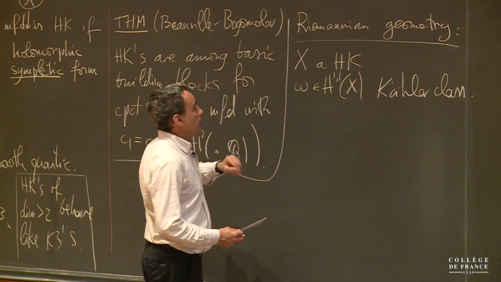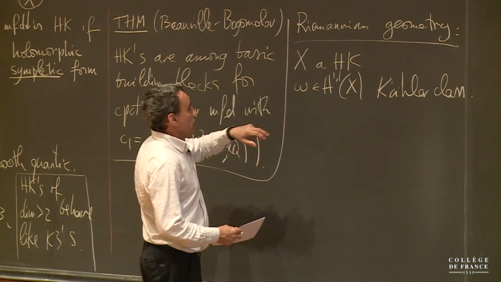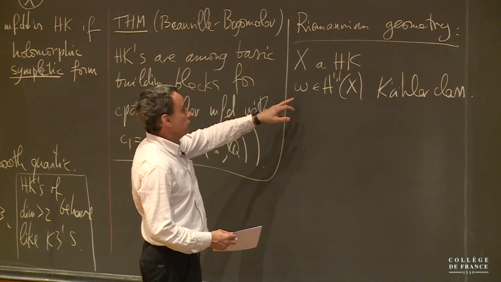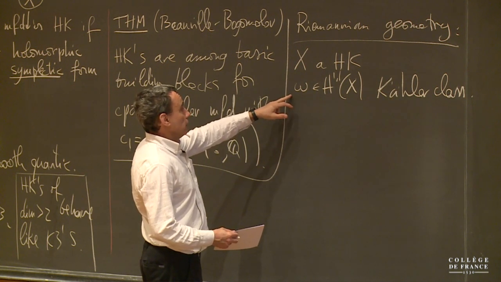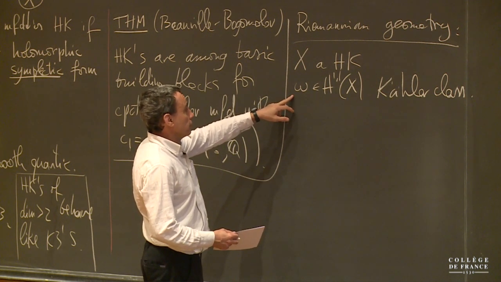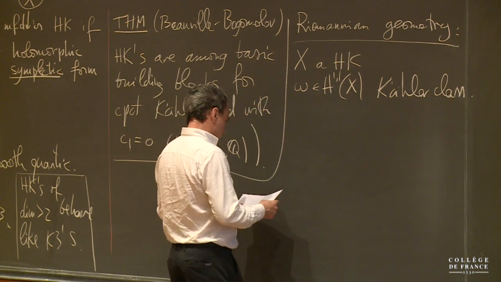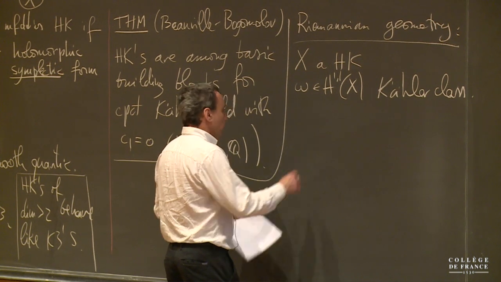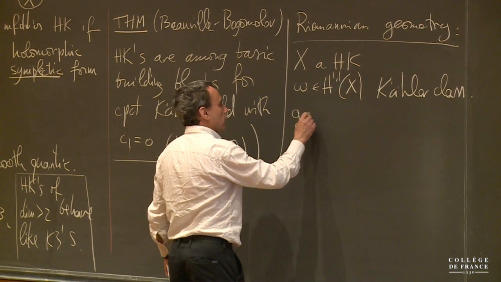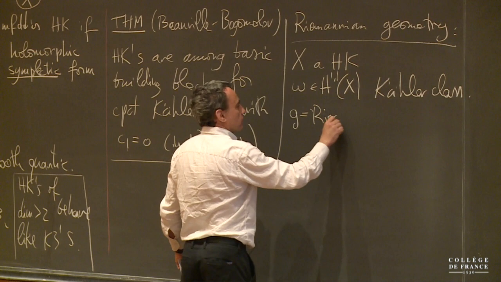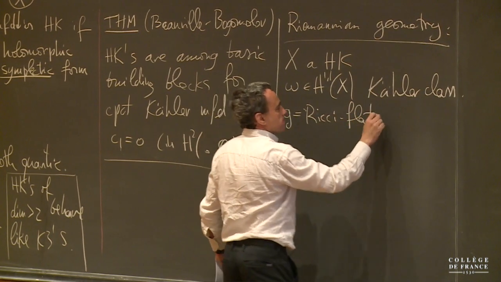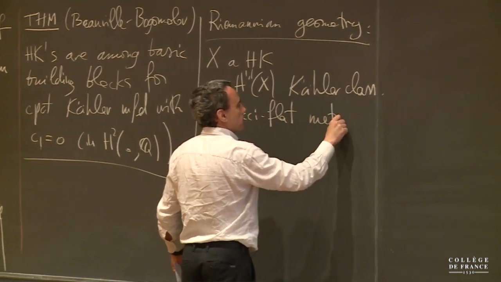Then by Yau's theorem, there is a Ricci-flat Riemannian metric g whose associated class is omega.